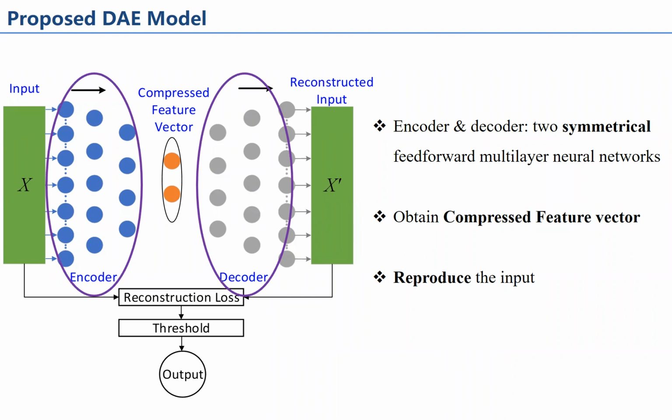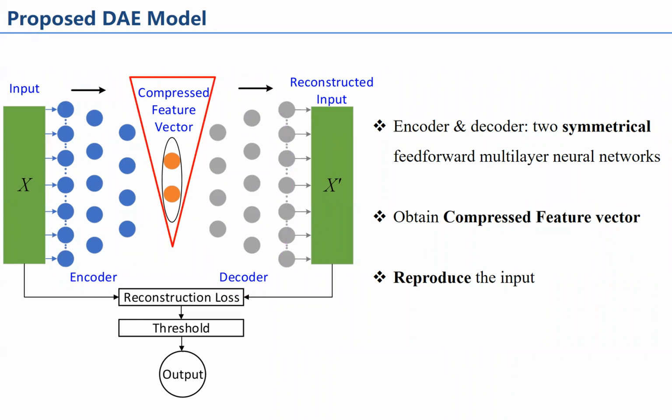In the proposed framework, the input data samples are first fed to the encoder part for feature extraction, through which the compressed feature vector is obtained.